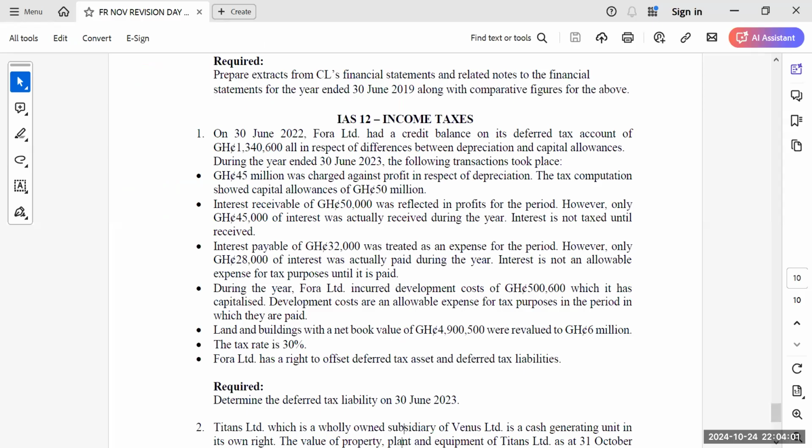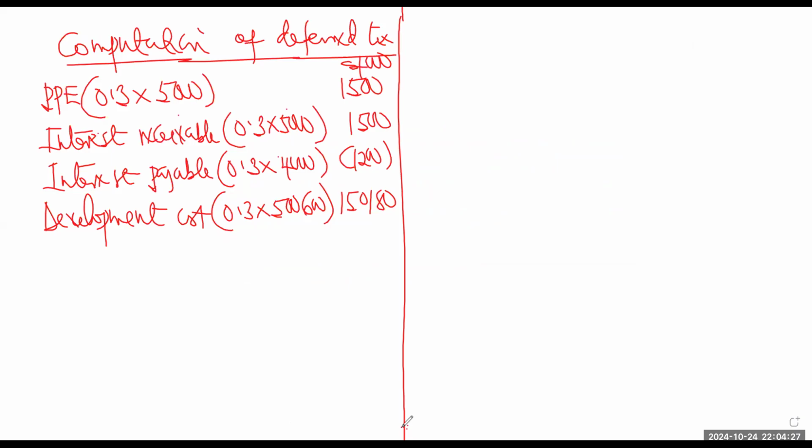Okay. Land and building with a net book value of 4,990,500 were revalued to 6 million. The tax rate is this one. If there's a revaluation, the revaluation will automatically increase the carrying value. So what is the difference there? The deferred tax relating to revaluation. What is the revaluation surplus?